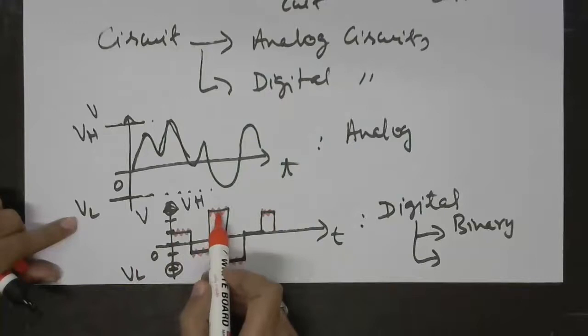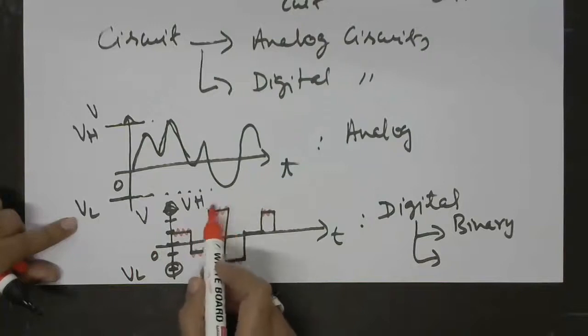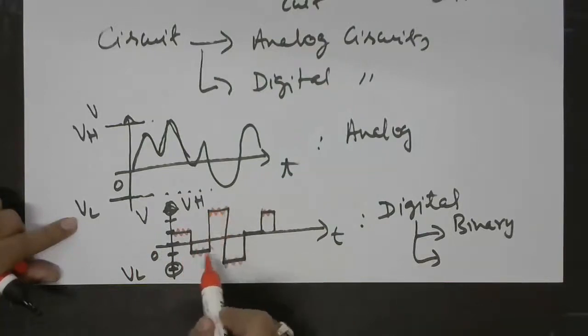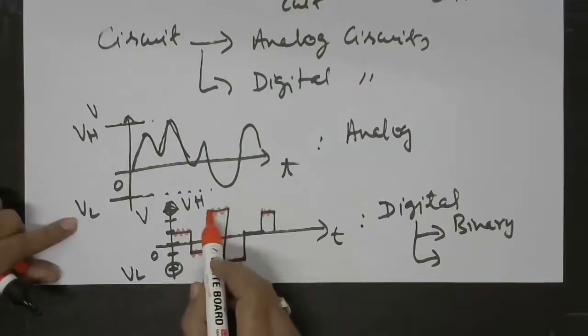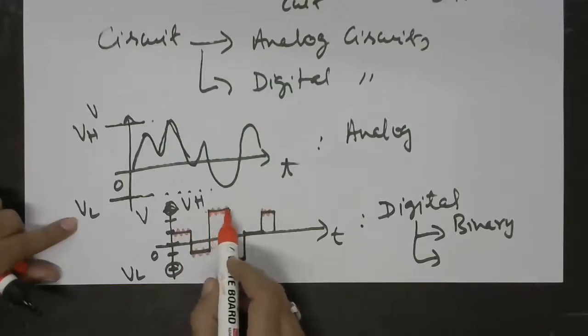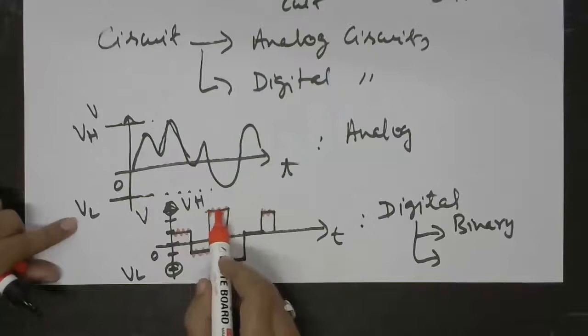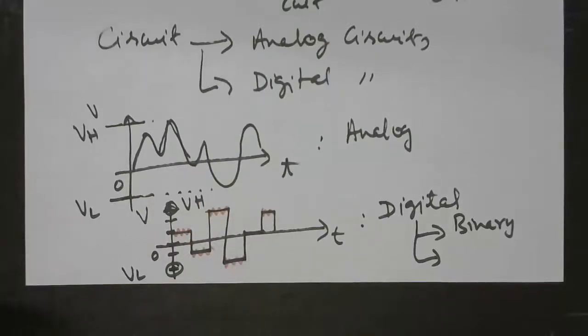Even in that scenario, it is found that these digital circuits will not respond to these small fluctuations in the values of the voltages. So they will still treat this time varying value as, say, VH or VL. So what is called noise immunity exists in the digital circuits. So this is one main advantage of digital circuits.